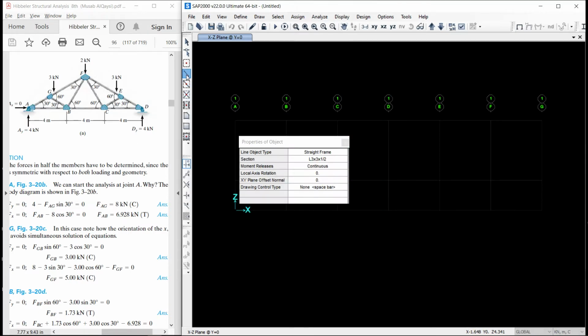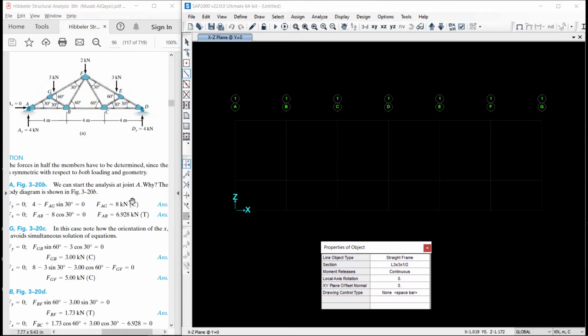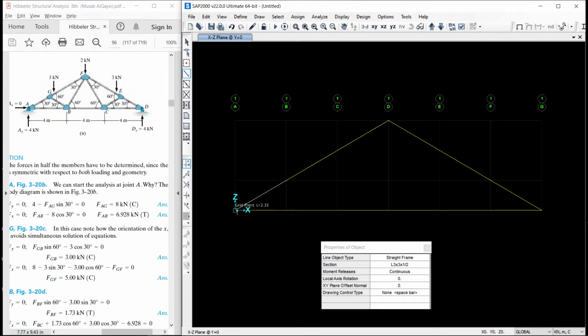So we have to define our members. First we have to define A to B, which is 4 meter long, then from B to C, which is another 4 meter long, then C to D, which is 4 meter long, then D to E, then E to F, then F to G, and G to E again.